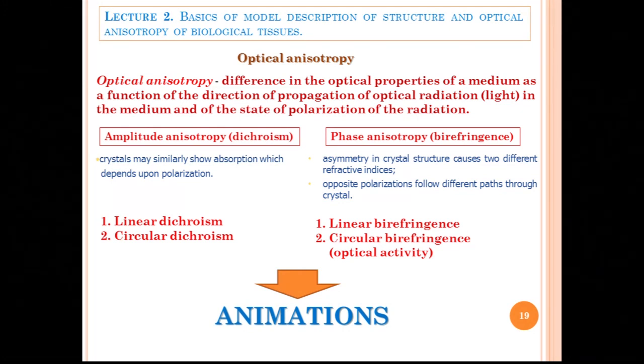Asymmetry in crystal structures causes two different refractive indices, and opposite polarizations follow different paths through the crystal. One can show linear birefringence and circular birefringence, or so-called optical activity. So let's start with some animations.